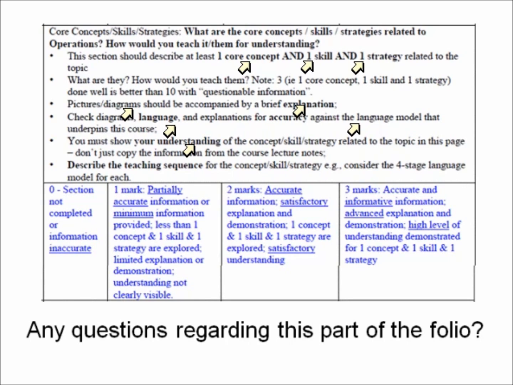Don't just show your understanding. Don't just copy the stuff from the lecture notes. And you need to have a teaching sequence for a concept, another sequence for a skill, another one for a strategy, and you need to consider the four-stage language model in that sequence.